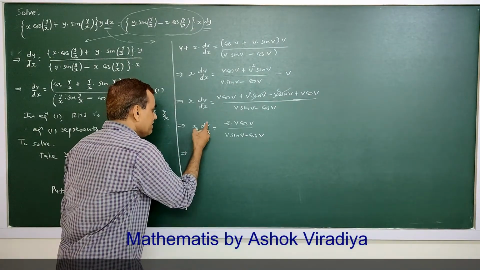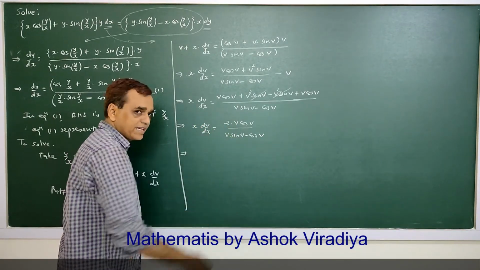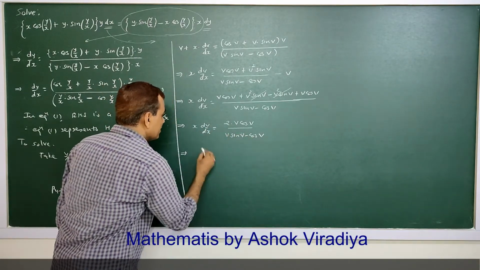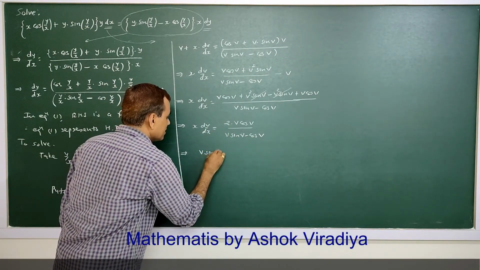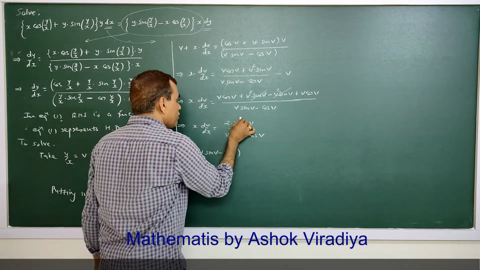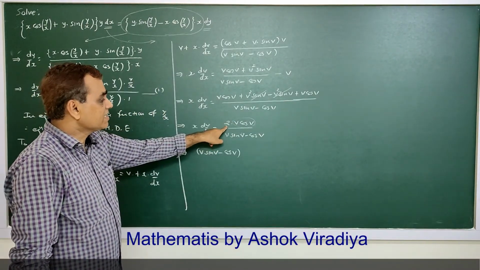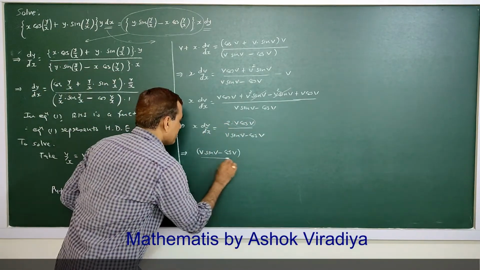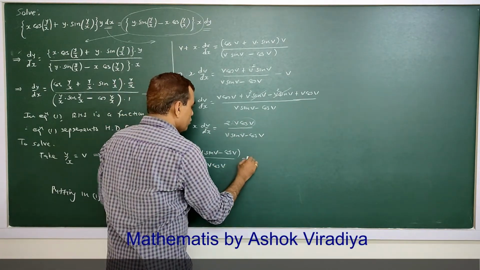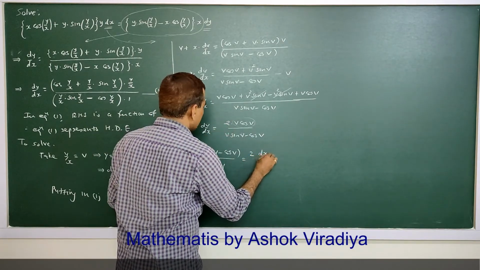So with dv we set this function of v, cross multiplying. First of all I am taking this on this side, so v sin v minus cos v, and from the numerator keep the constant as it is, v cos v we take in the denominator. It is equal to 2 dx upon x.